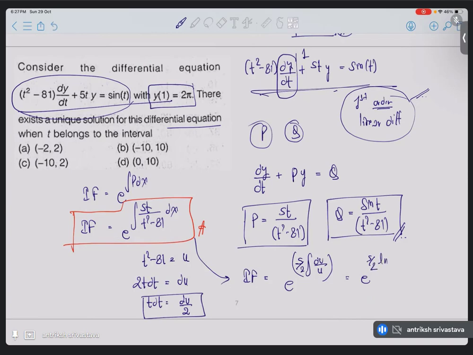Now, what do we know from the logarithm? We know from the logarithm that k ln x is nothing but ln x^k.